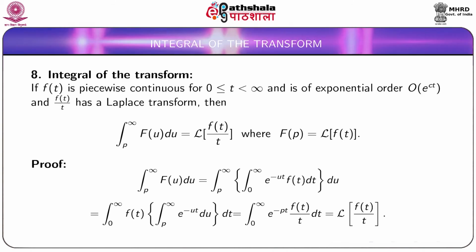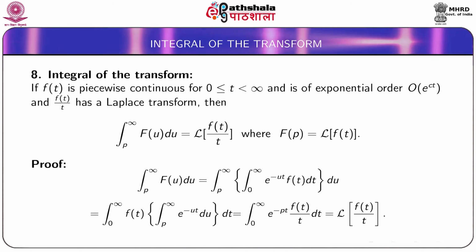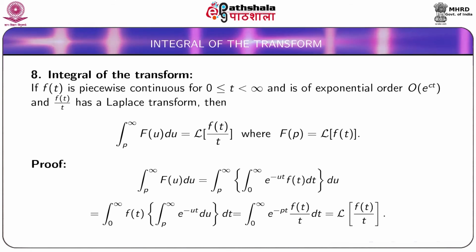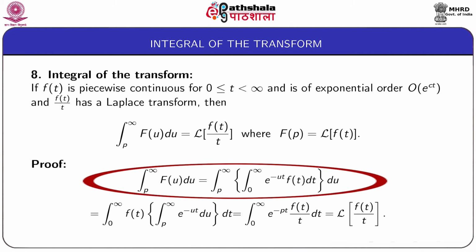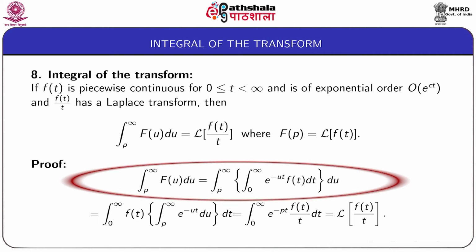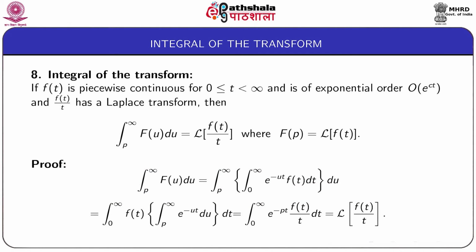If we write the expression for capital F(u), then we get the integral from p to infinity, integral from 0 to infinity e to the power minus ut small f(t) dt du. We interchange the order of integration so that the t integral is the outer integral and the u integral is the inner integral.